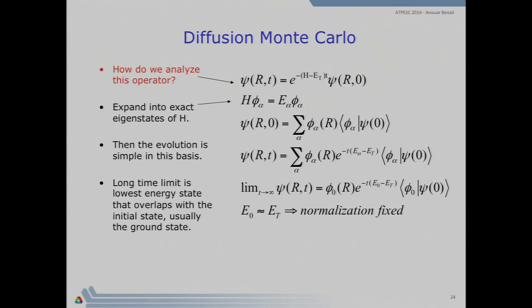And at long time, the limit is the lowest energy state that overlaps with the initial state, usually the ground state. So that means that once we let our system just go longer and diffuse longer, we're going to be able to reach the absolute minimum, of course, as long as we are sure that our system had time to converge slowly.